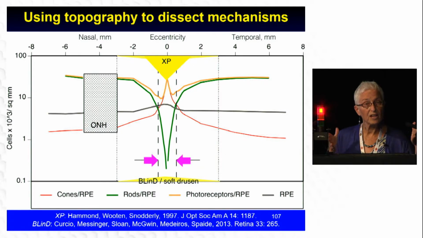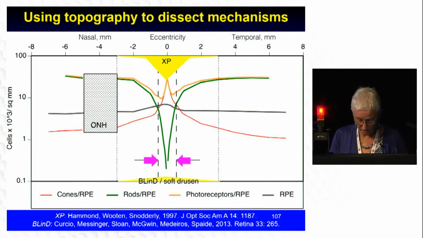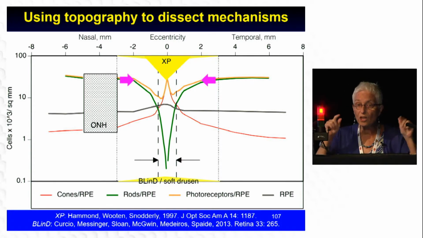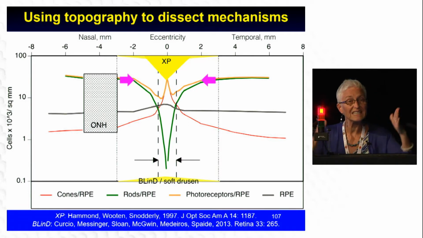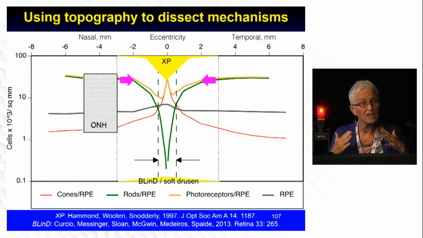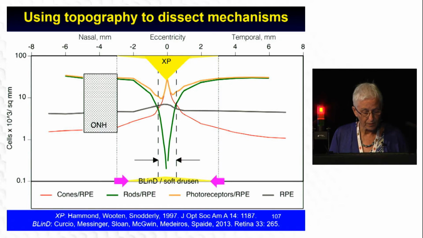This is the area in which rods tend to be lost in aging. It's a very characteristic effect in aging. And you can see here that the ratio of photoreceptors to RPE is actually lower in the macula than it is elsewhere. So the idea that phagocytic load of RPE is important, it may be less important than we think.